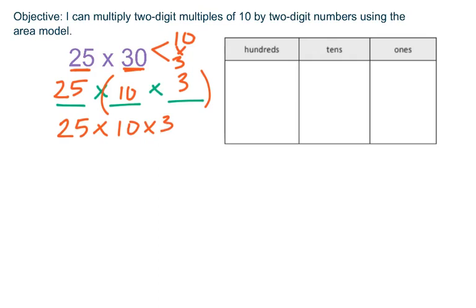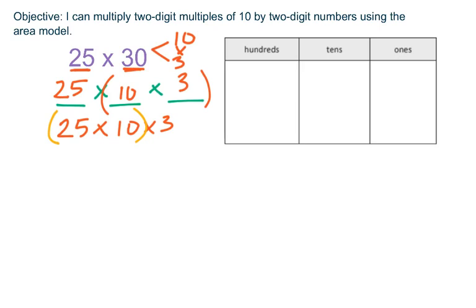Well, I have to start somewhere. I can't just multiply all three numbers together at once. I have to pick where I'm going to start. So instead of doing 10 times 3 first, I'm going to do 25 times 10 first. That's not the only way to do it, but it's probably going to be the easiest way for you to do it. So I'm going to solve 25 times 10 and then solve my times 3.